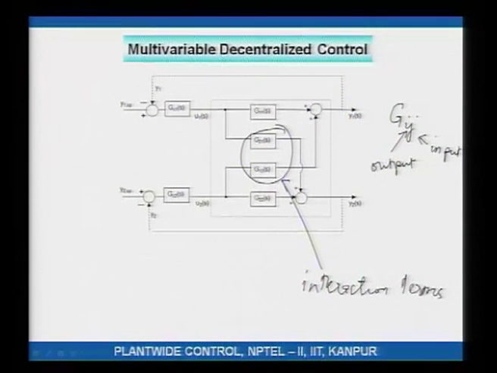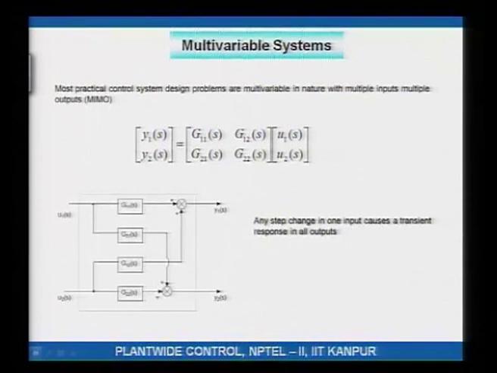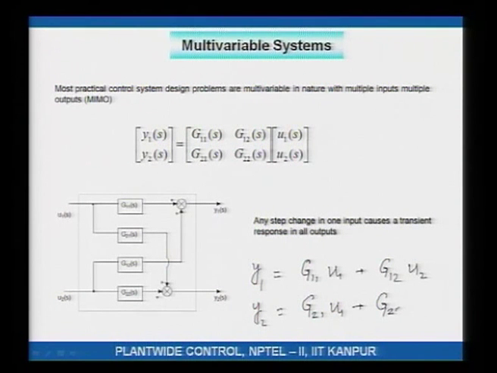Looking at it slightly mathematically, what we are essentially saying is, y1 is equal to g11 u1 plus g12 u2, y2 is g21 u1 plus g22 u2.